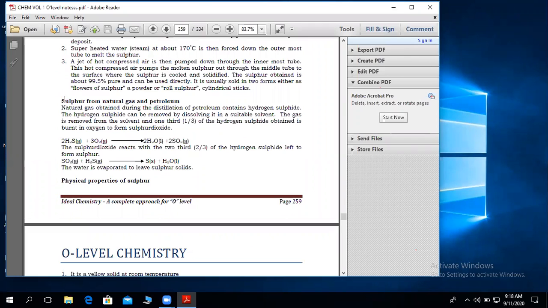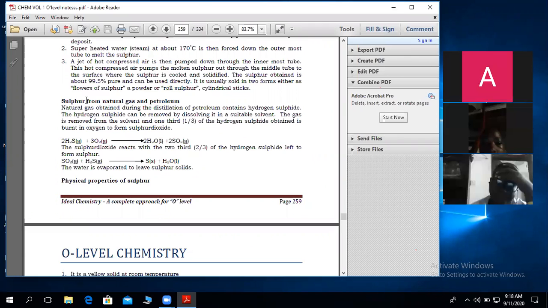Here we are saying sulfur can also be got from natural gas. Natural gas obtained during distillation of petroleum contains hydrogen sulfide. So when we are doing fractional distillation of petroleum, to get petrol and diesel out of crude oil, the natural gas that is obtained contains hydrogen sulfide.